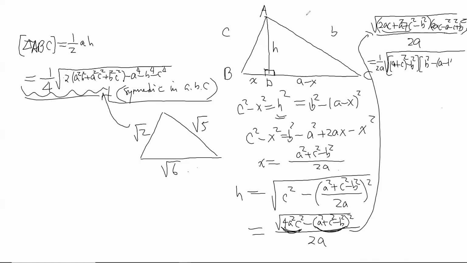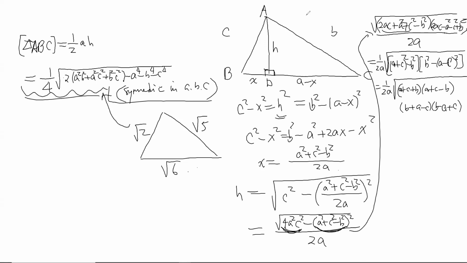Do you agree? So you complete the square again. And that you can rewrite this as just a plus c plus b times a plus c minus b. Then this is b plus a minus c, and b minus a plus c. Do you agree? Yeah. Yes.